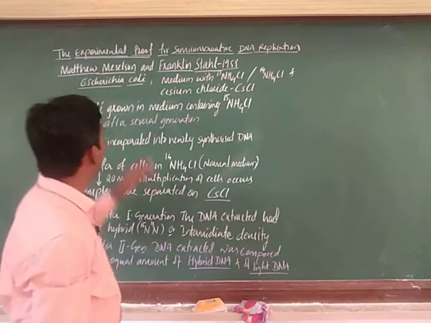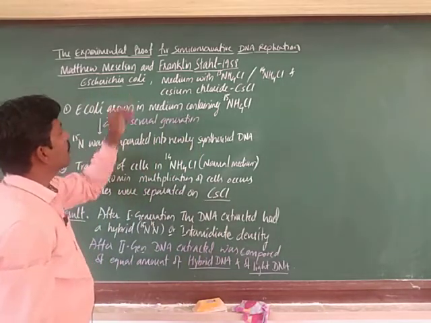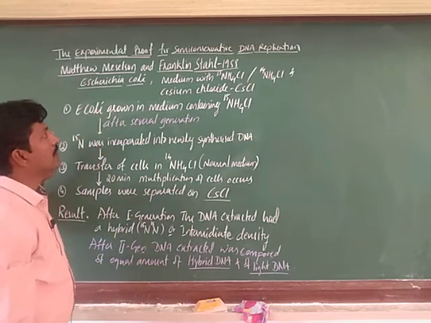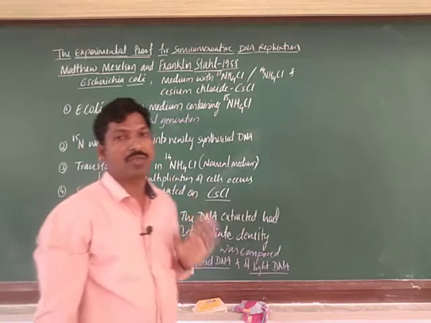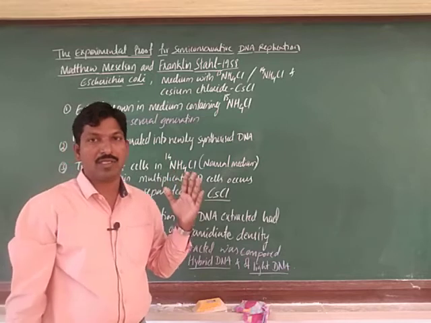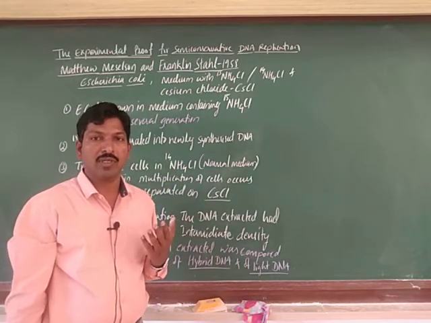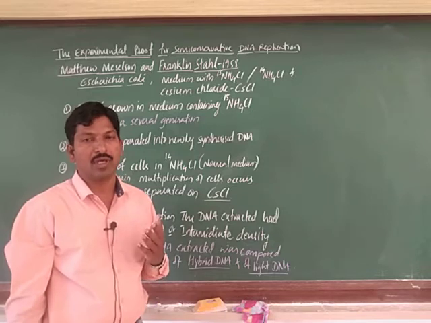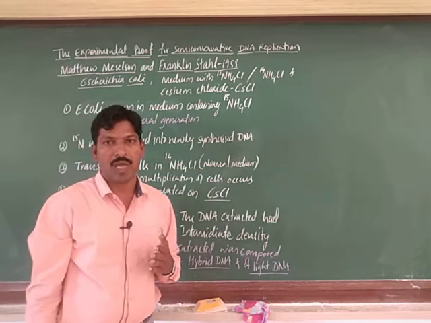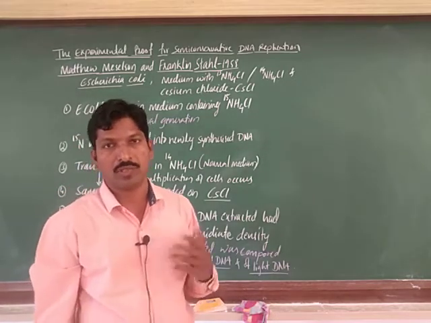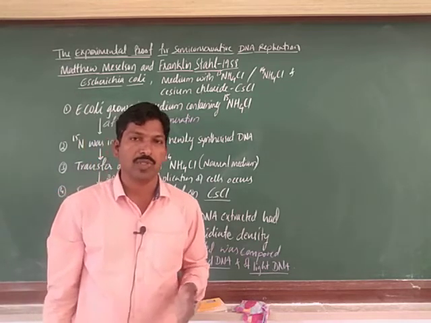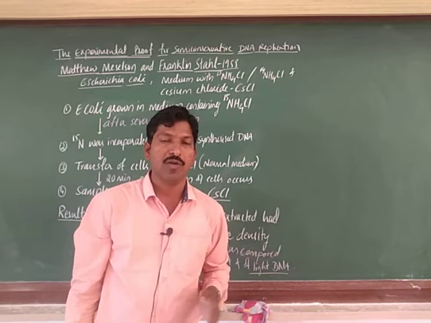The organism used by these scientists is E. coli, but although it started in a bacterium, later on it was proved even in higher organisms also. In plants, it was explained in faba bean by Taylor, and even in human cells it is experimentally proved.